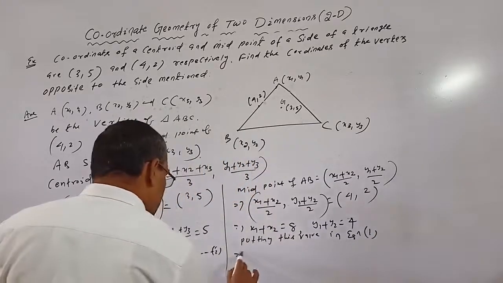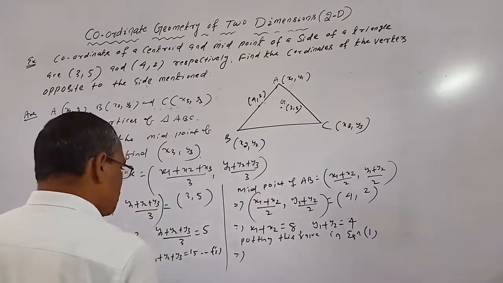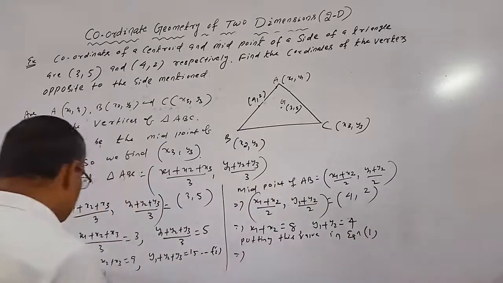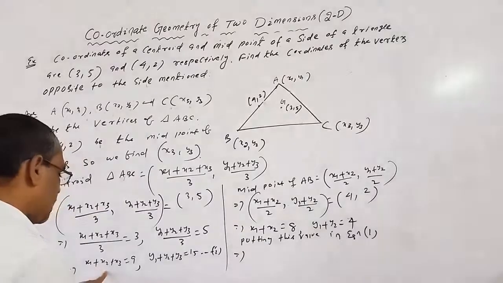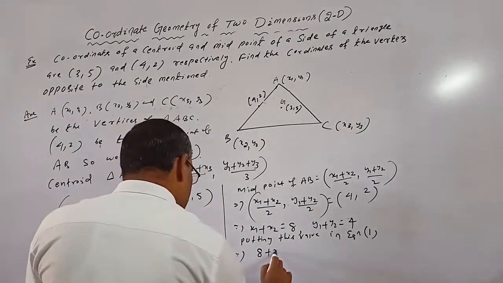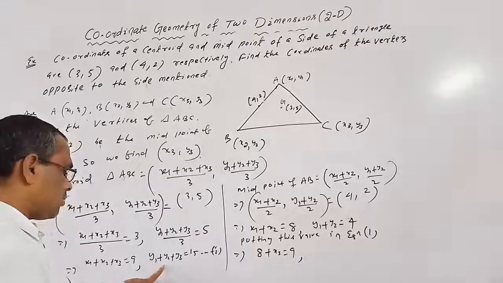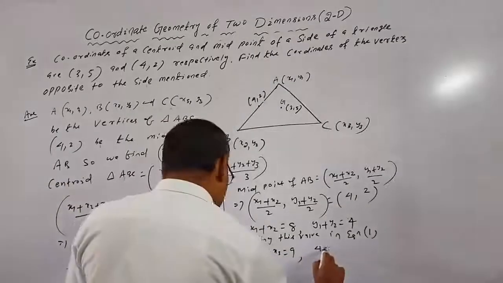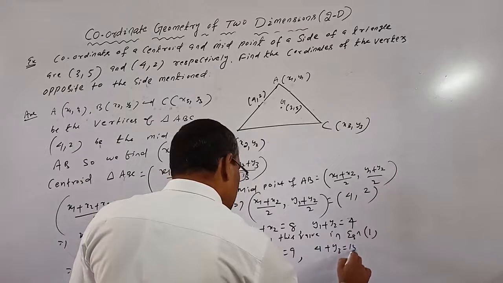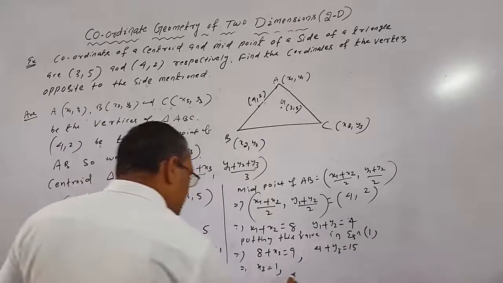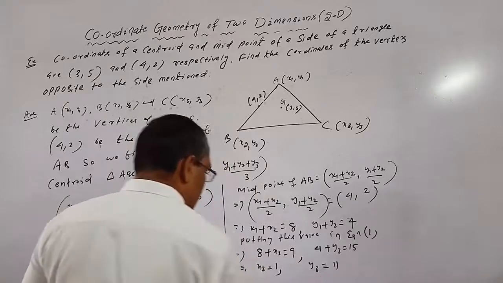So in equation 1, we have x1 plus x2 plus x3. So x1 plus x2 equals what? x1 plus x2 equals 8, so 8 plus x3 equals 9, and substituting y1 plus y2 equals 4, 4 plus y3 equals 15. That implies x3 equals 1 and y3 equals 11.